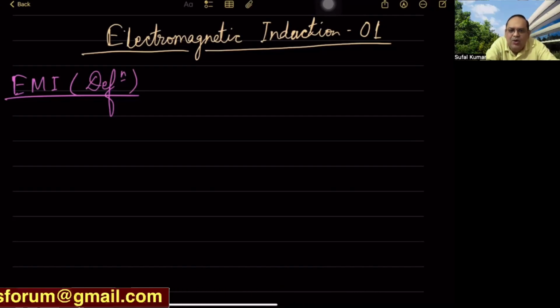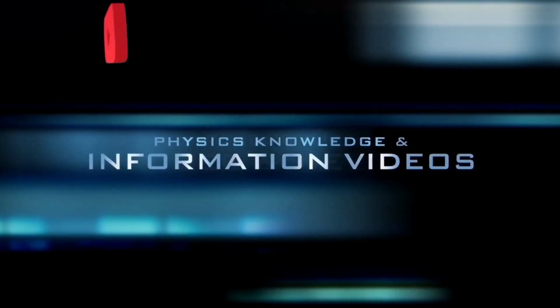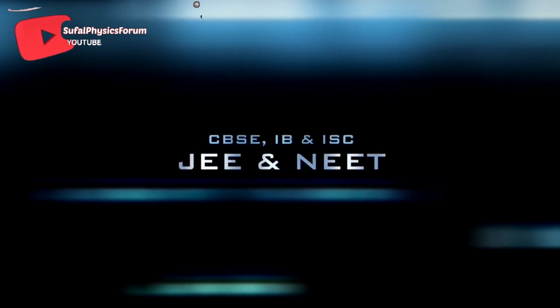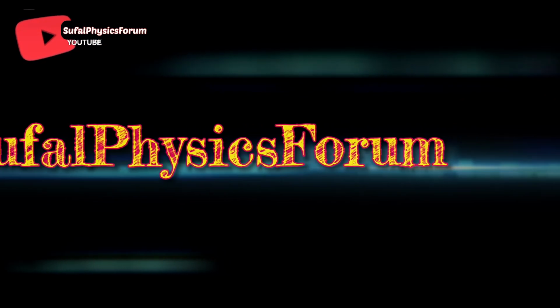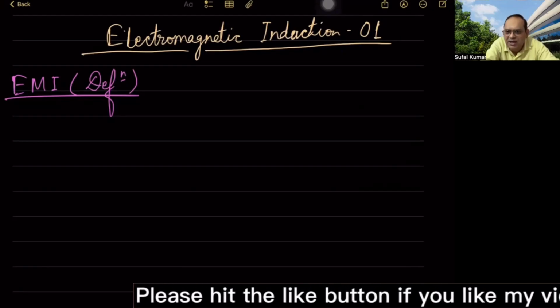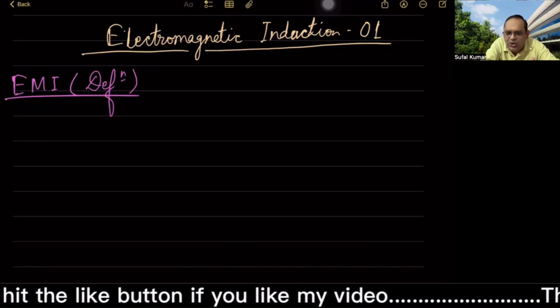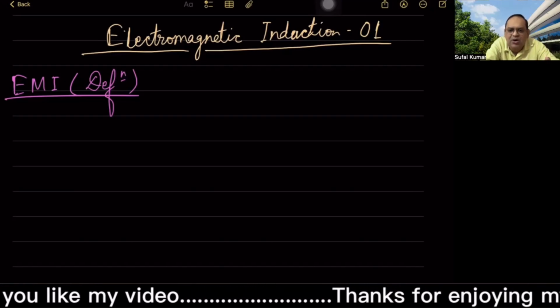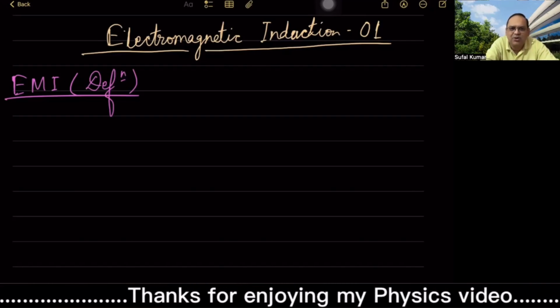But now we'll introduce a new term that is called magnetic flux. So after discussing this definition of electromagnetic induction, we are to discuss a bit of magnetic flux also.